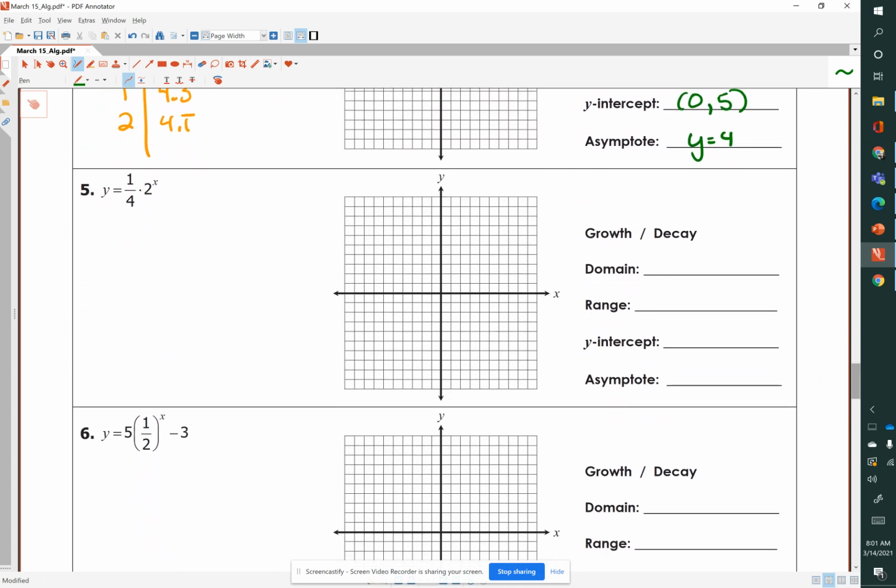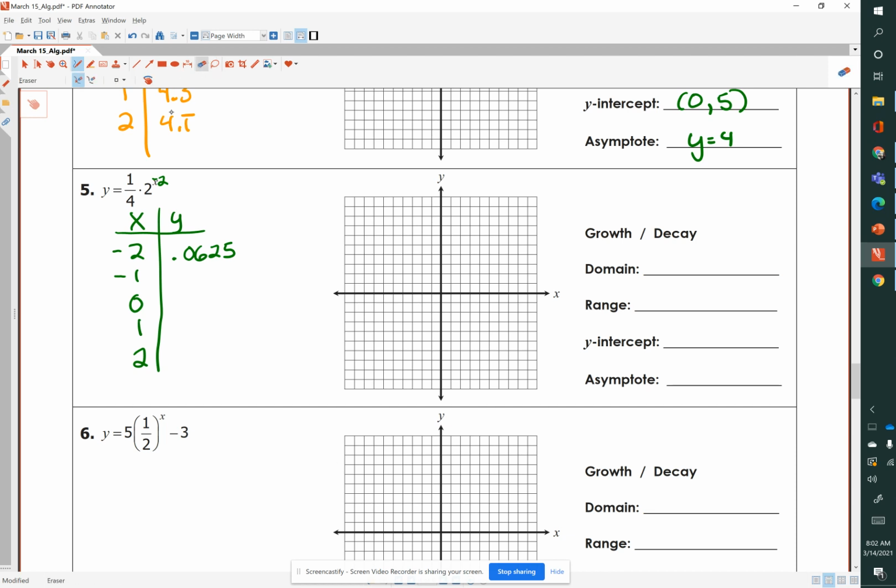Now we have y equals 1/4 times 2 to the x power. So let's start with a table of values, and I'm going to use the same x values that I used before, -2, -1, 0, 1, 2. And when I evaluate this function for -2, the function is worth, and we use decimals today, 0.625.